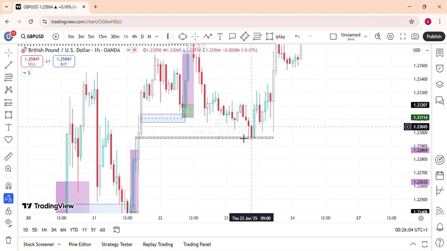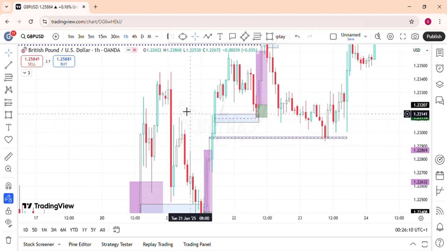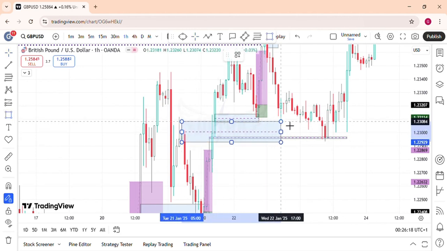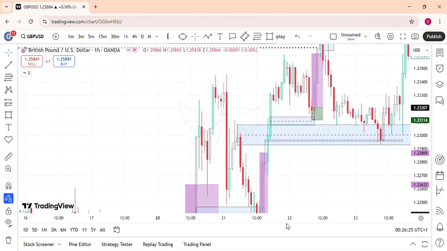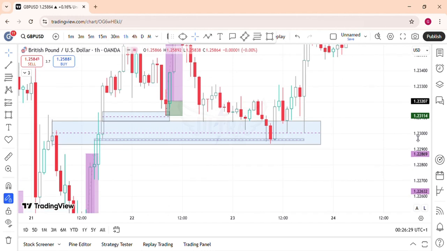So what you need to look for is a break of market structure around here. And bear in mind, this fair value gap also has a breaker here that has not been mitigated yet. So this is also a confluence for your entry.